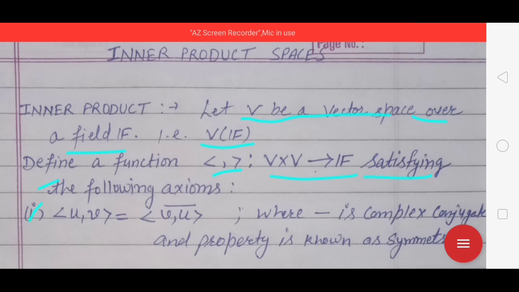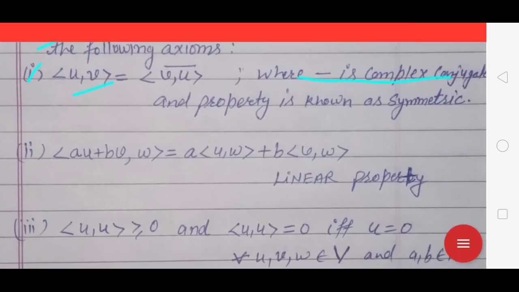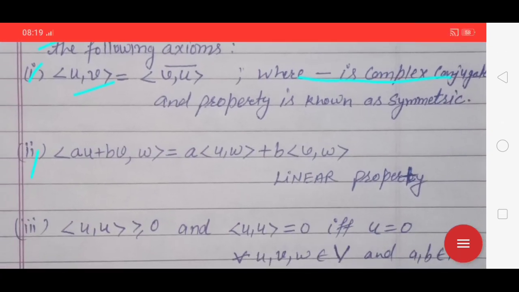The first axiom is the symmetric property, where bar represents the complex conjugate. The second property is that the function must be linear.